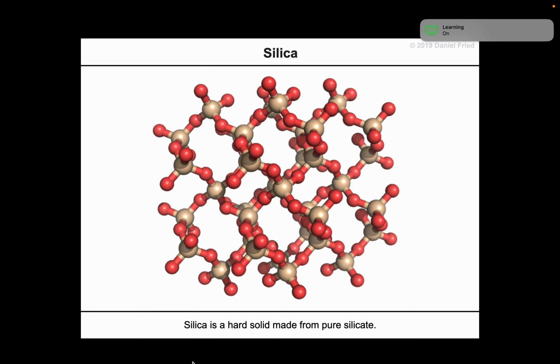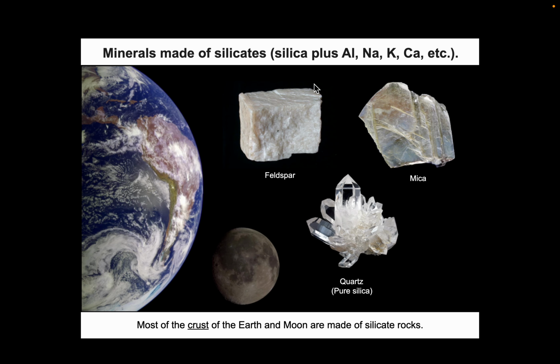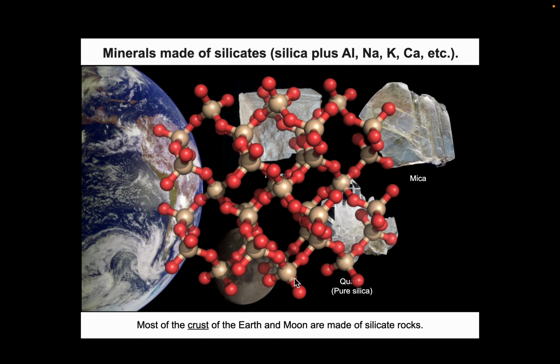This is silica. Silica is a hard solid made from pure silicate. Minerals made of silicates include silica plus aluminum, sodium, potassium, calcium, etc. Most of the crust of the Earth and Moon are made of silicate rocks, including mica, pure silica, and even the Moon. So when you're looking at the Moon, you're looking at this silica.